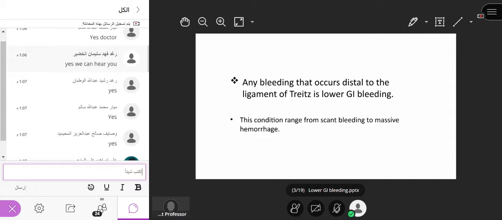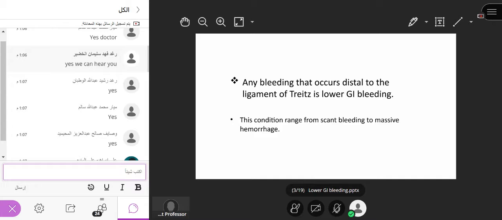Too massive a hematemesis will lead to too much blood into the gut distally as well. So you may have fresh blood in the stool from an upper GI bleed. This is some sort of paradox: too much bleeding will behave like a lower GI bleeding. So don't confuse it with lower GI bleeding, because you know there is hematemesis as well, so it is originating from the upper GI.